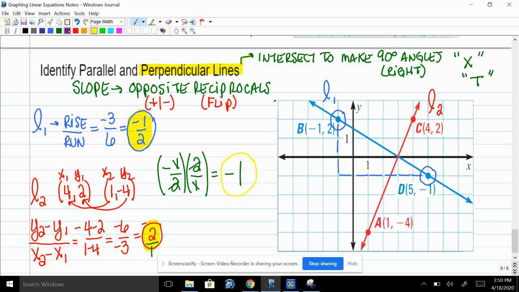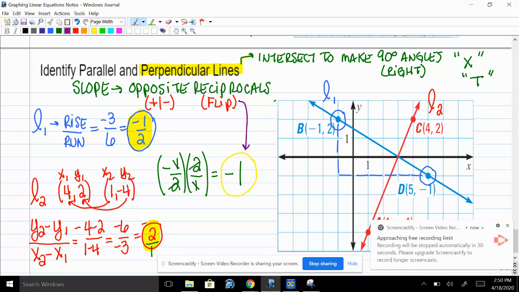So that's kind of a little trick to help you out there. Opposite reciprocals always multiply to make -1. So we can say that L1, the symbol for perpendicular is an upside down T. L1 is perpendicular to L2 because their slopes are opposite reciprocals.